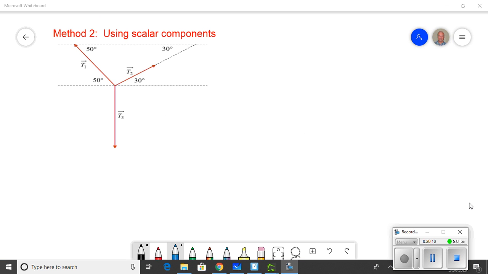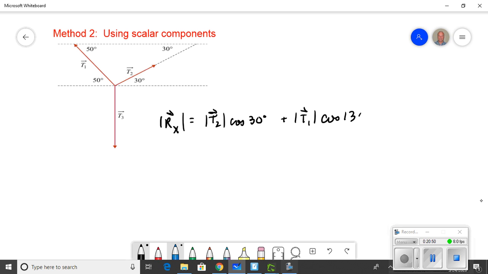With scalar components, I have to take a look at my x resultant component here, and that's going to be, so I'm going to go with respect to, T2 times the cos of 30, and then I've got T1 times the cos of 130.